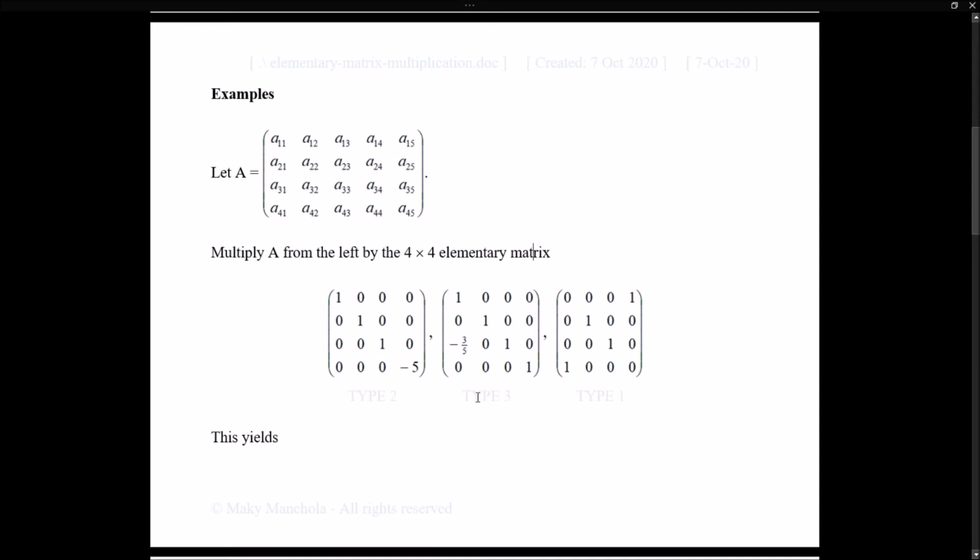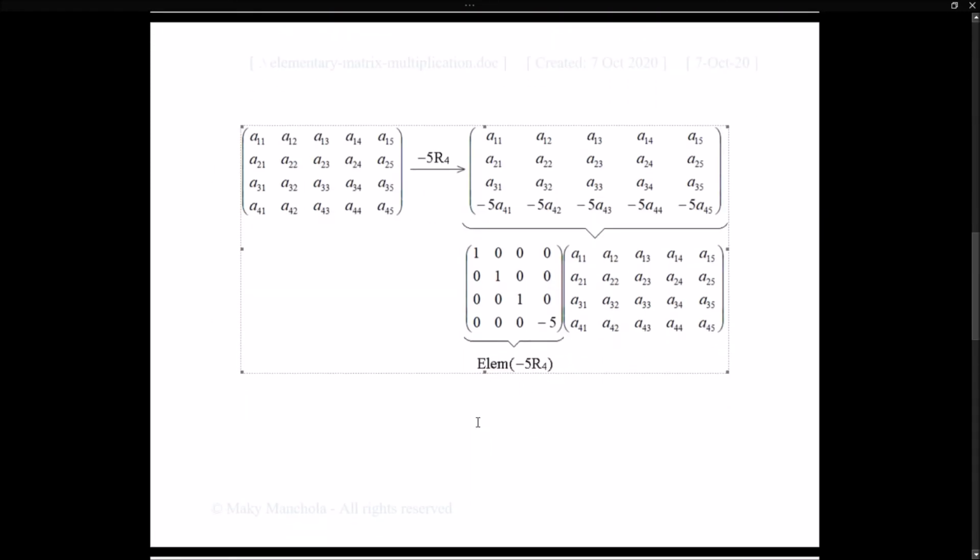Case 2, the type 3 elementary matrix obtained by adding -3/5 the first row of I to its third row. And case 3, the type 1 elementary matrix obtained by interchanging the first and fourth rows of I. This yields the following.